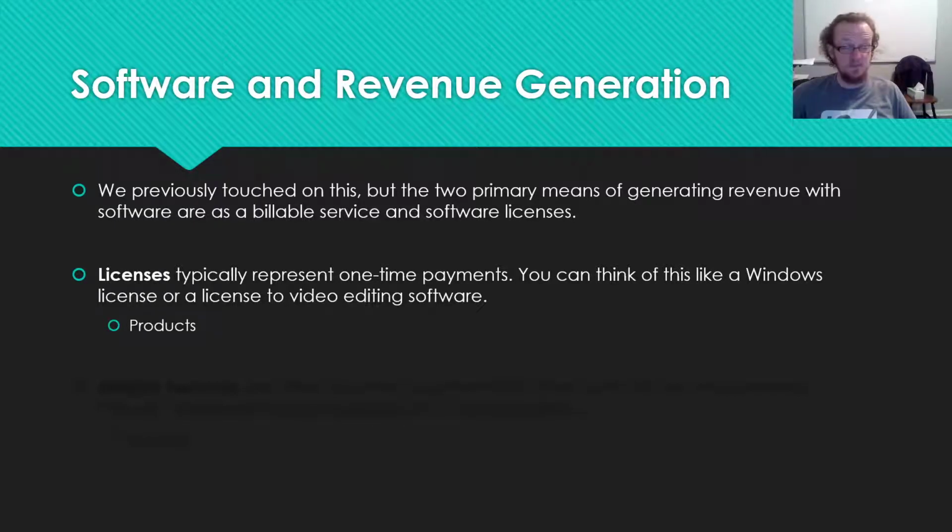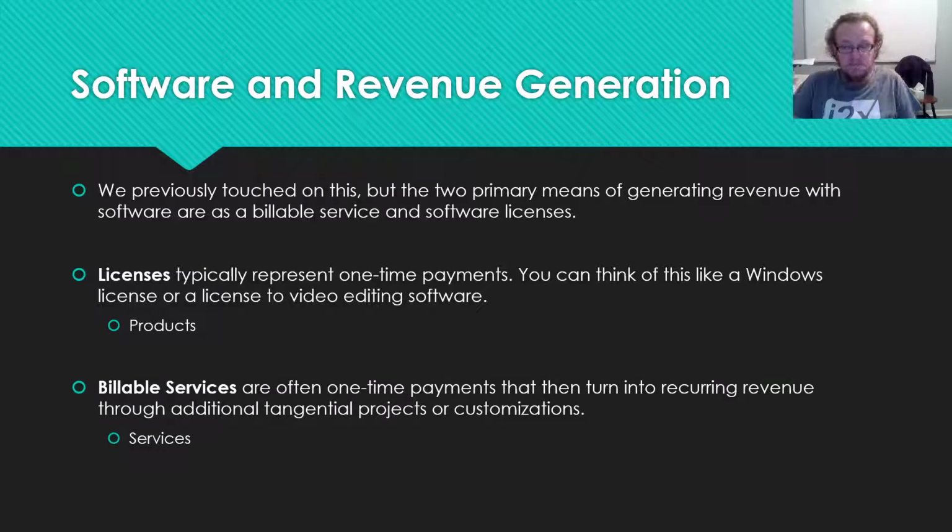Sometimes licenses expire, and so you have to repurchase the license. So even though you have the physical code, you can't necessarily use that code outside of some sort of paid window. There are tons of ways to license software, but license fees are basically one of the ways that you can generate revenue.